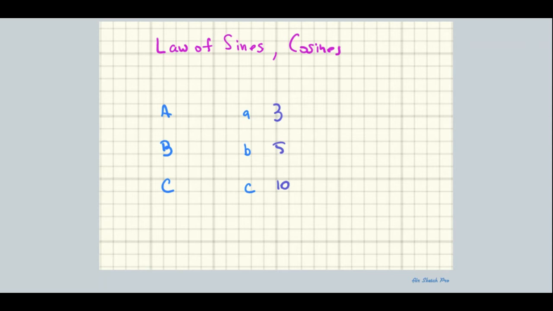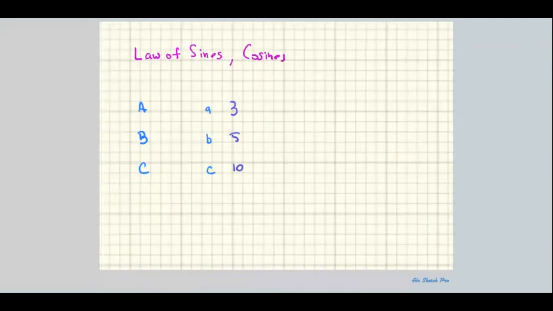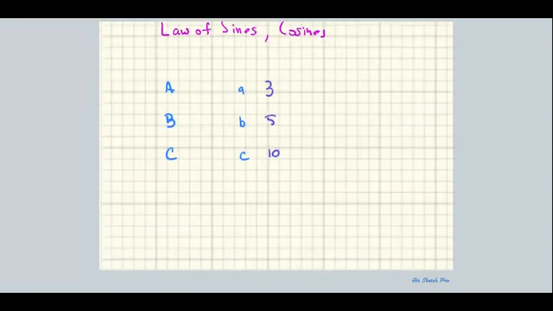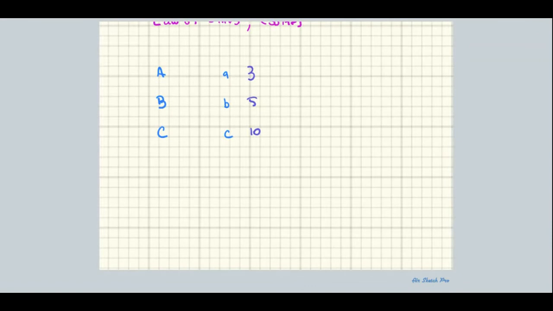Well, it's not a right triangle. It's not going to be a squared plus b squared equals c squared. This is c squared equals a squared plus b squared minus 2ab cosine c. Remember, this is law of cosines, right? Everybody's decided this is law of cosines.